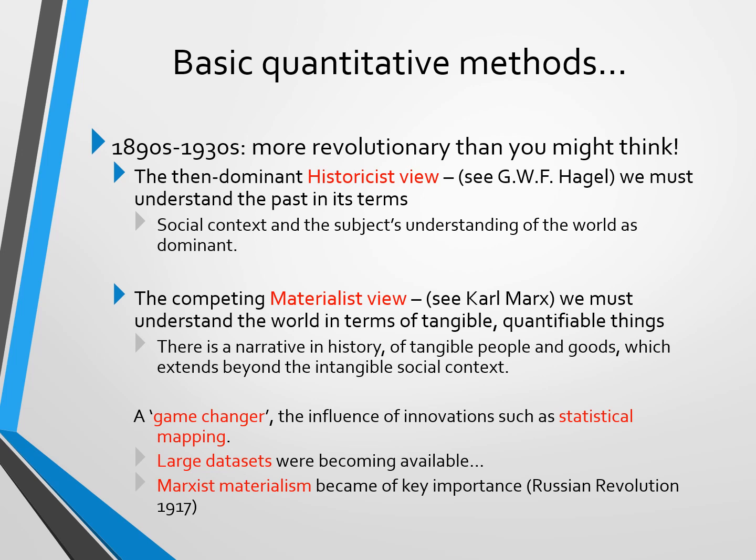And so you get very different results if you're examining the world through the historicist Hegelian view versus the materialist Marxist view. Now, the adoption of materialist Marxist approaches to the social sciences was really a game changer at the turn of the century.